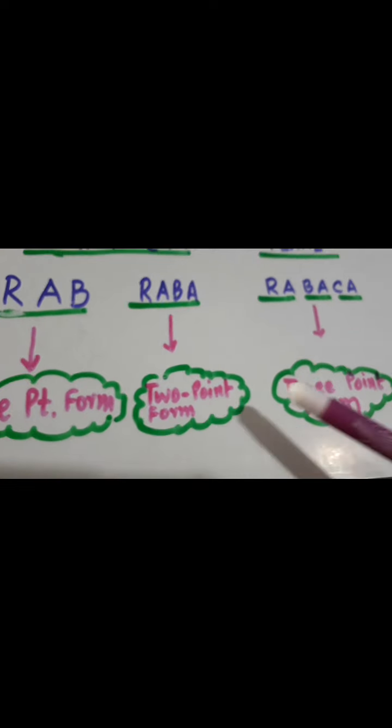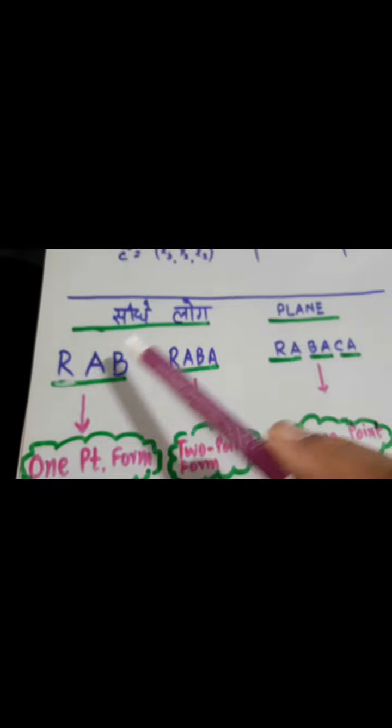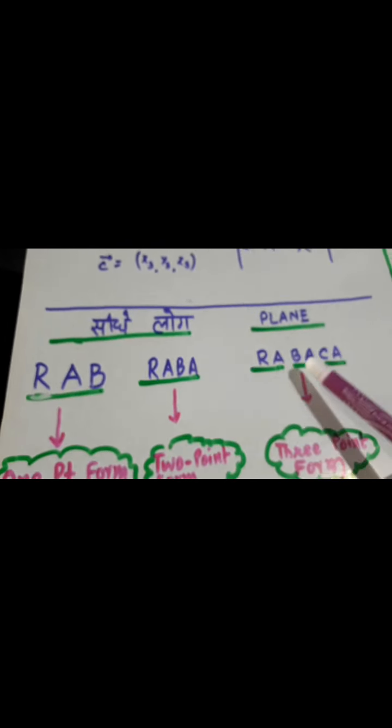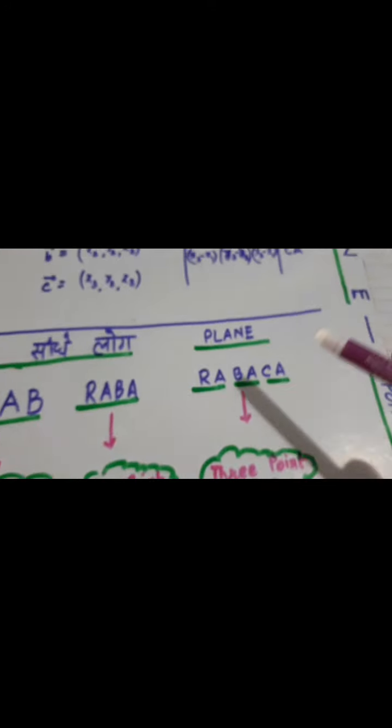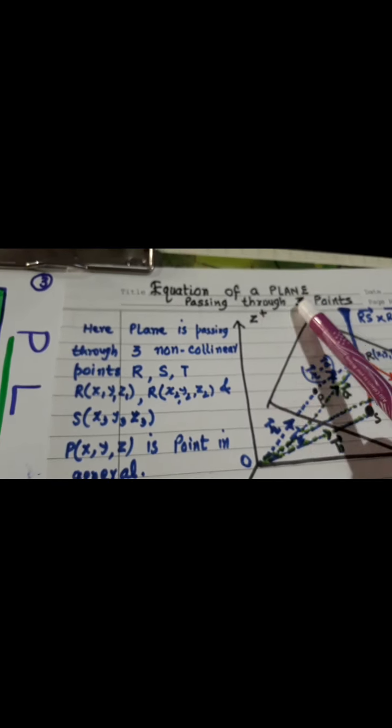The 1 point form was r a and the 2 point form was r a b, and this is the 3 point form, r a b a c a. Now this is the equation of a plane passing through 3 points.